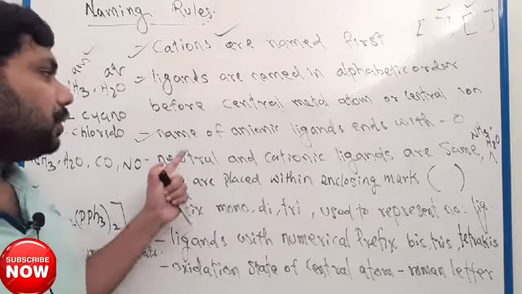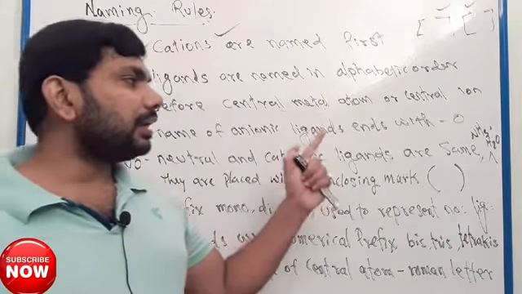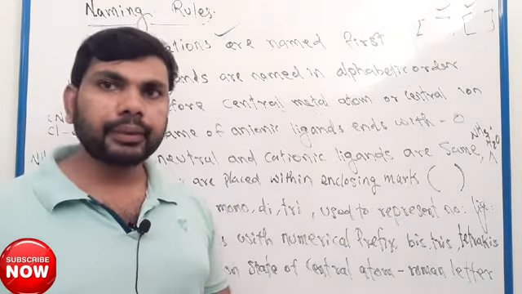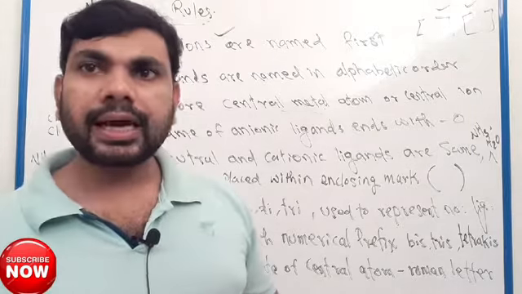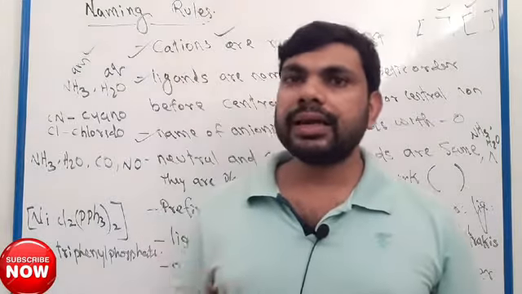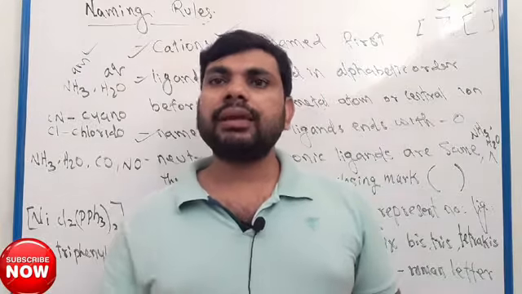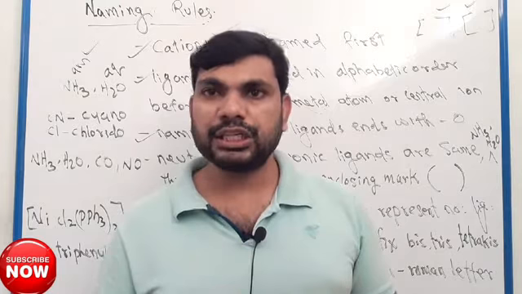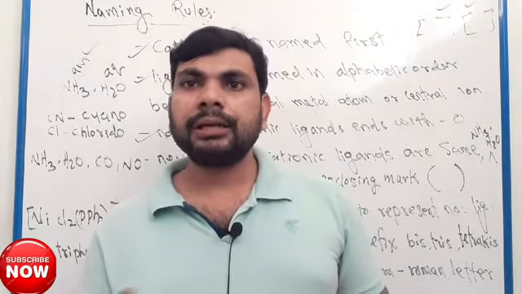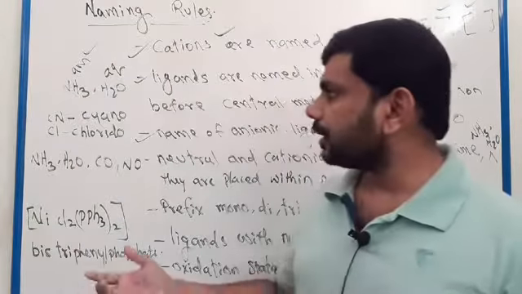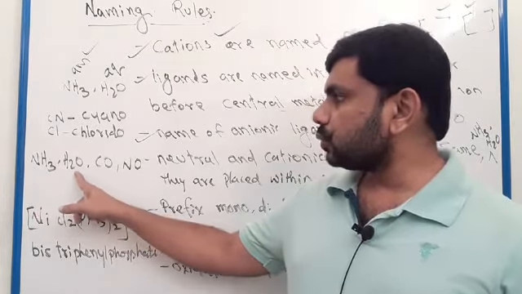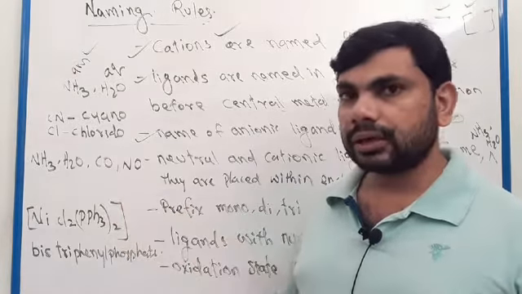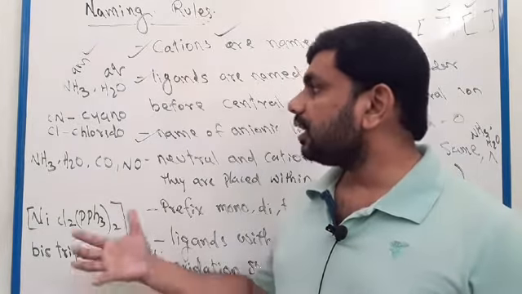And here neutral and cationic ligands are named the same as the species. There is no change. Okay, neutral ligands and ligands with positive charge have the same name as the species, but there are some exception cases. Look here, NH3, H2O, CO, NO, these are neutral species, but their names are different.